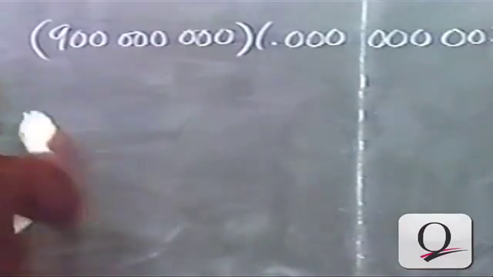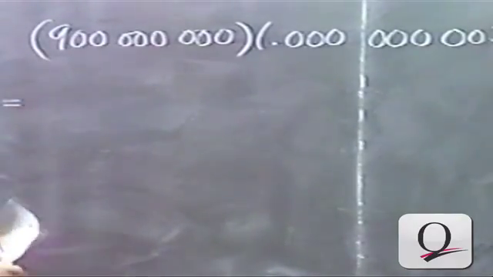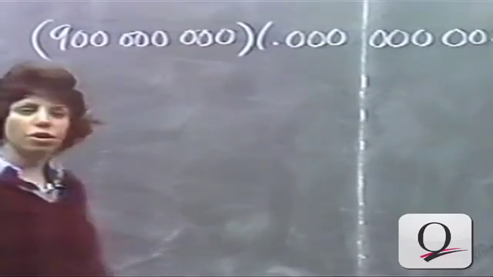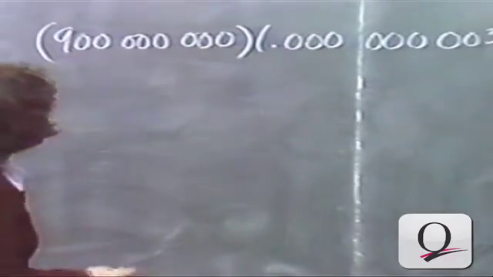And as I mentioned before, most calculators would not be equipped to handle this. What we're going to do is first rewrite each of these numbers in scientific notation and then make use of what we know about working with exponents.